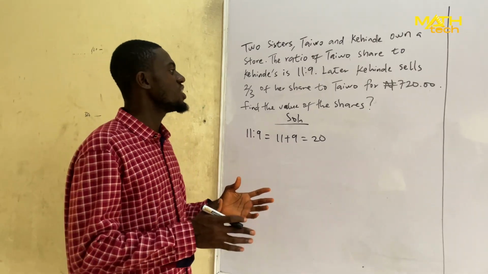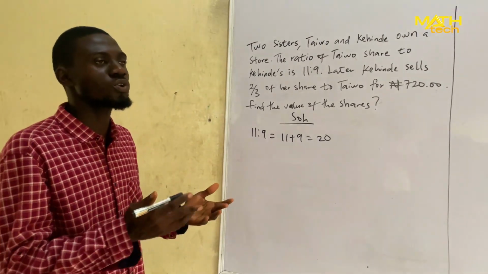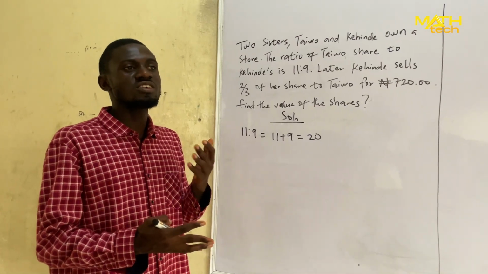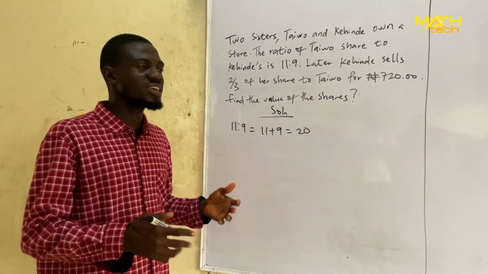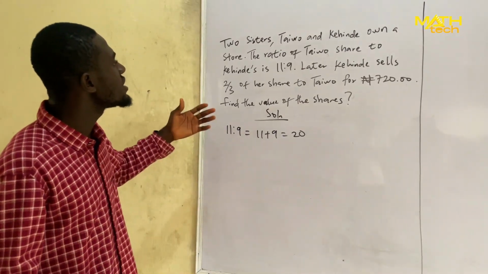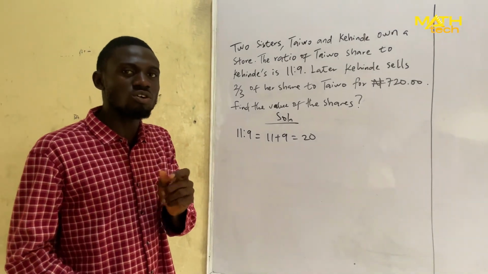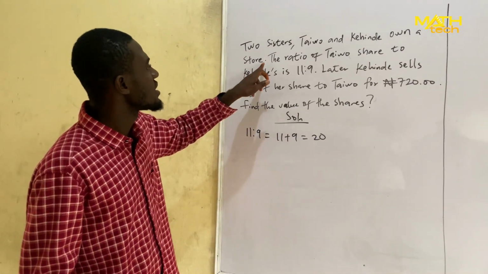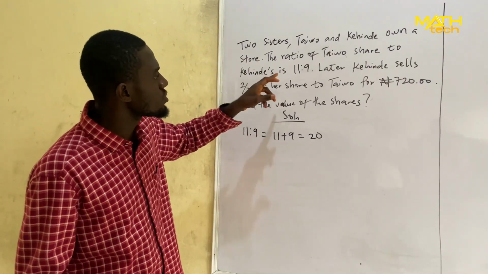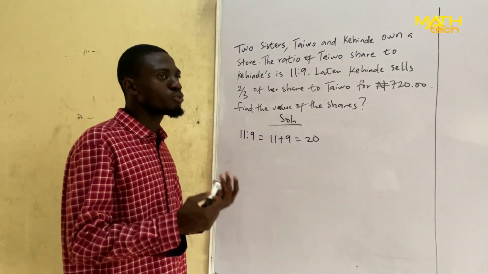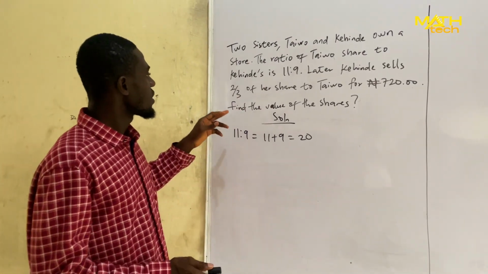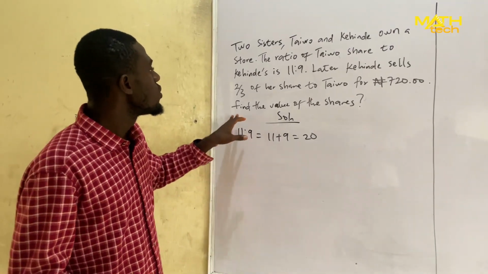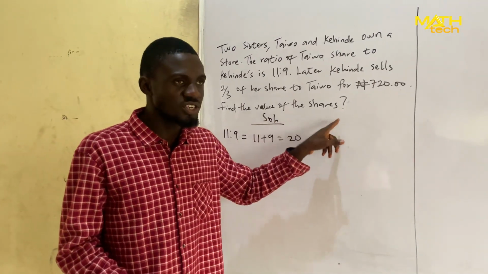When solving a question that has to do with ratio, proportion, simple interest, cost price, and selling price, all of that, you really have to understand the question before you solve. Read it line by line and make sure you understand every point of the question before you proceed in solving the question. Now, this is our total sum of the ratio, and we are asked to find the value of the shares.